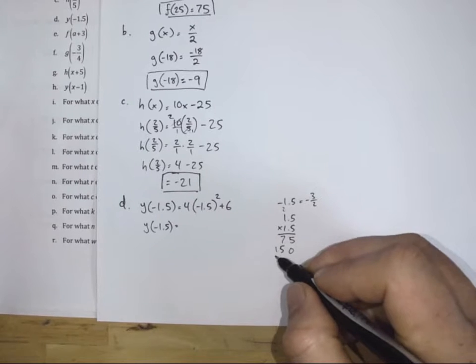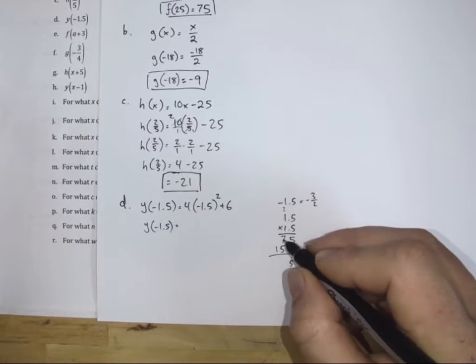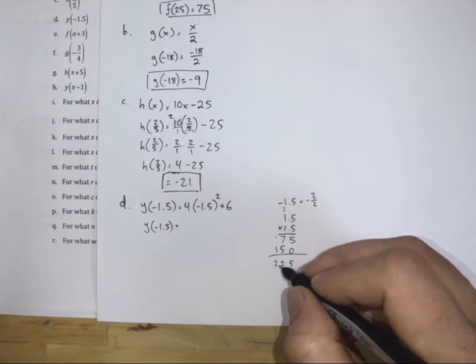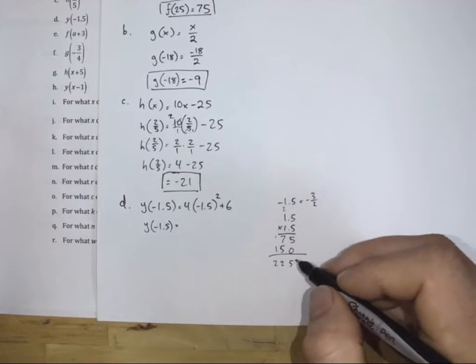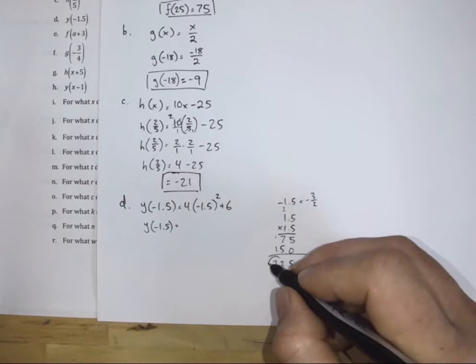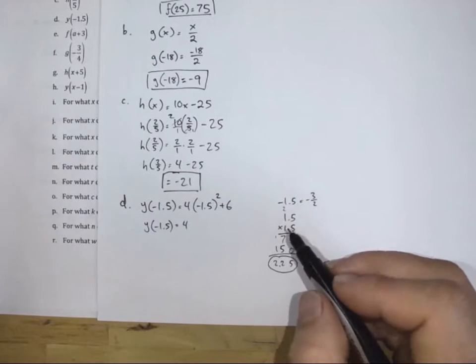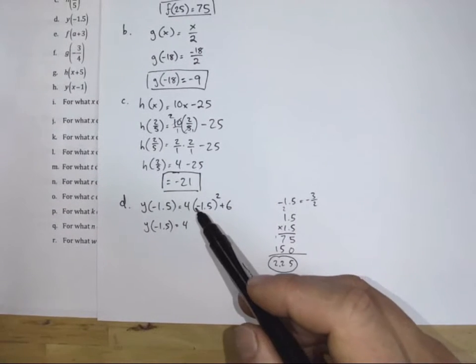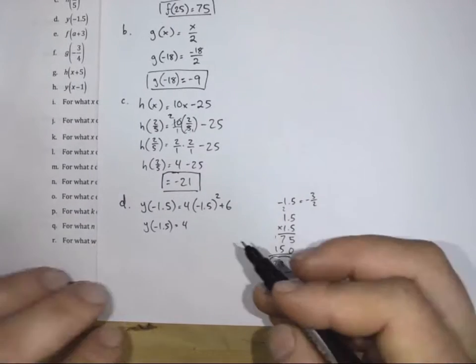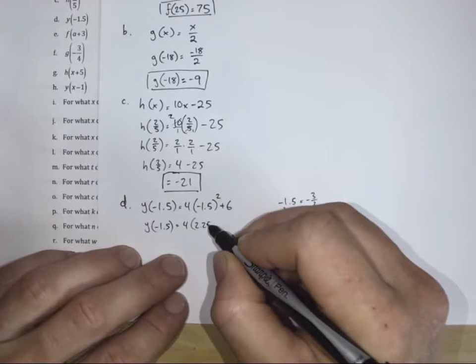I get 1, 5, and I would add those together. So I get 5, 12, I'll carry the 1, and I get 2.25, because I have 2 decimals here, so my answer will have 2 decimals. And so that means that really 1.5 squared is 2.25. And that's the same for negative 1.5 squared, because negative 1.5 times negative 1.5, well, it's going to give us a positive value.